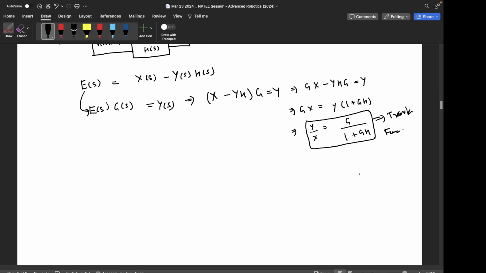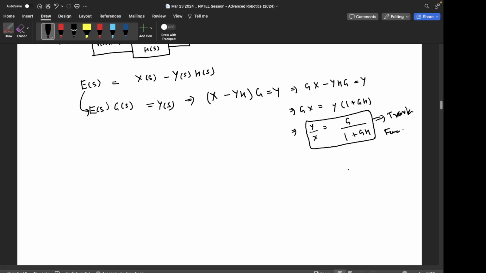So there are a couple of interesting things which you can actually think whenever you see a function, and that is when that function goes to 0 and when that function goes to infinity, or basically goes unbounded. And a transfer function generally, as you see, is a ratio of two polynomials, right?